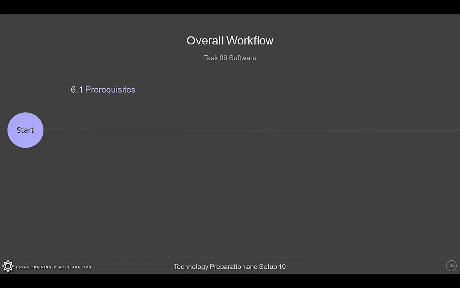Starting with the installation, the very first thing you want to do is make sure that you have met all of the prerequisites. The prerequisites section covers variables commonly responsible for failed installations.